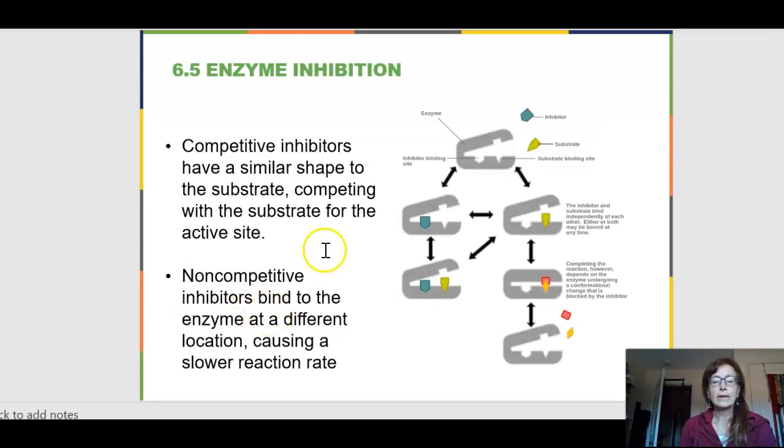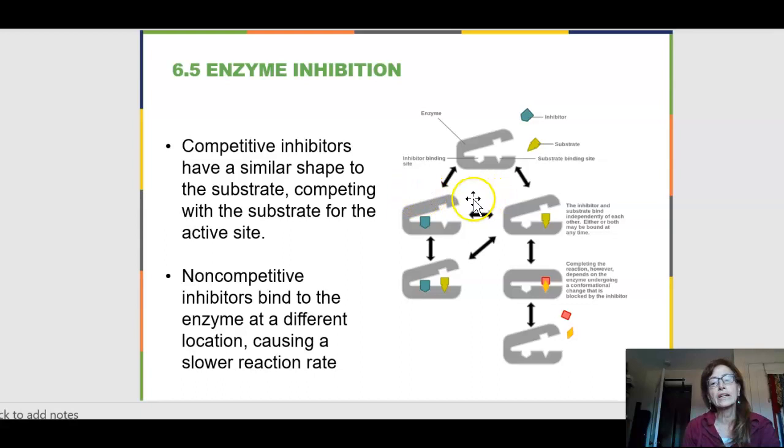So when something inhibits an enzyme by specifically going into the area where it normally would do its job, in other words, its active site, we call that a competitive inhibitor. A competitive inhibitor has to have a shape that's very similar to the normal substrate of that enzyme.